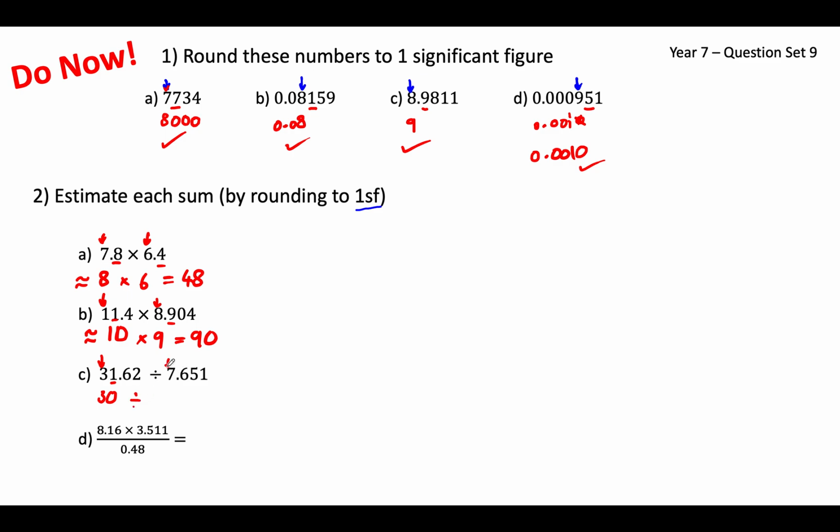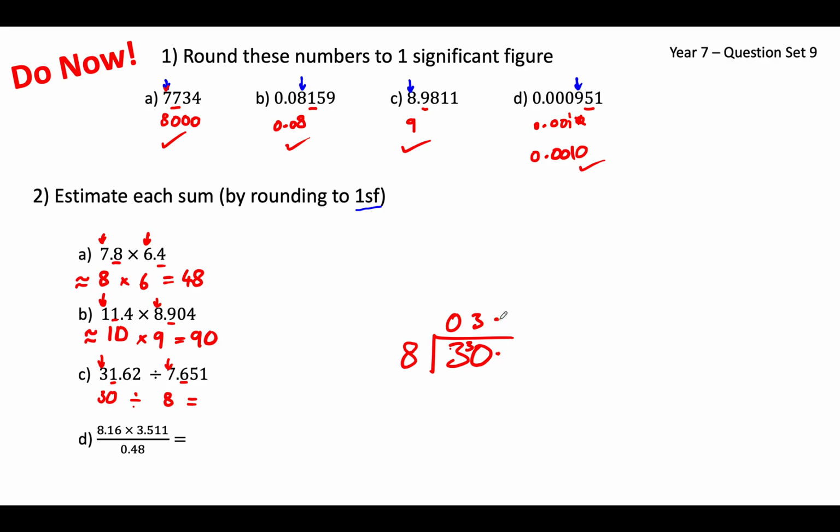This one, that's the highest digit, that's the first significant figure. Check the next one across. It rounds to an 8. So I need to do 30 divided by 8, which you could do in a bus stop, couldn't we? How many 8s in 3? None. How many 8s in 30? Well, 3 8s are 24, with 6 left over.